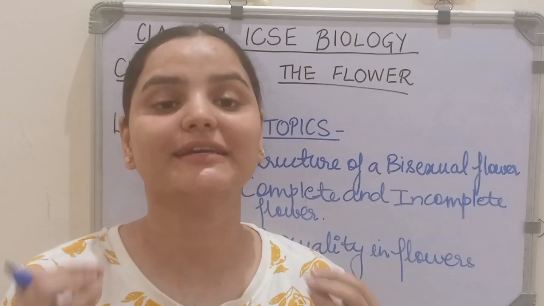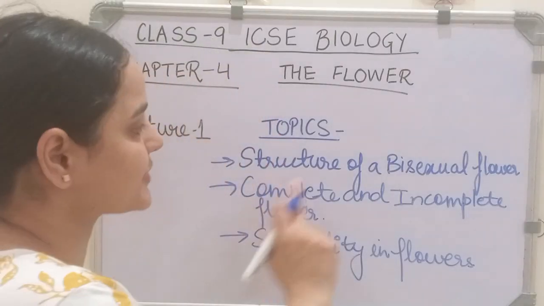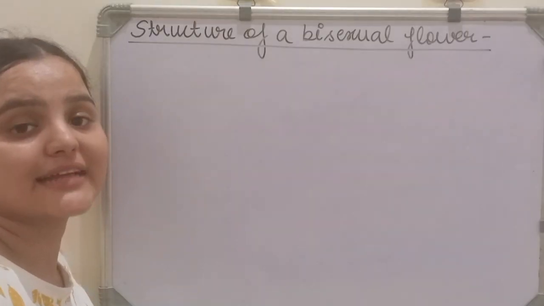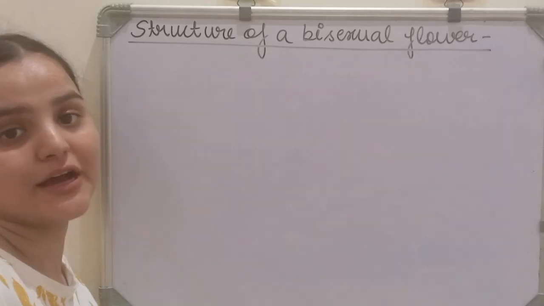So with this, let's begin with our first topic, which is structure of a bisexual flower. Let's first understand what is actually a flower.